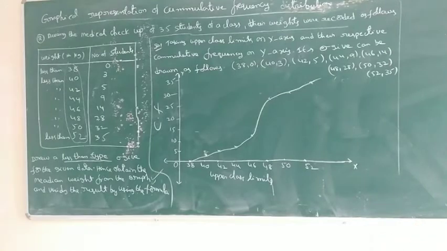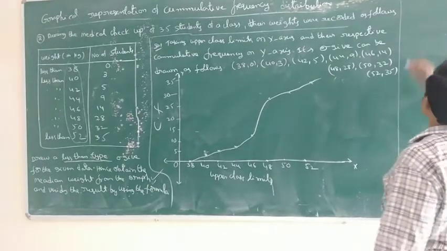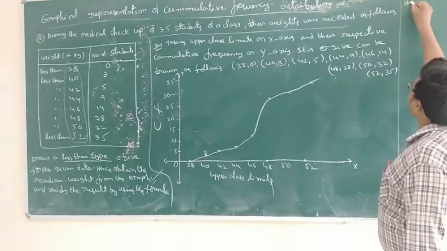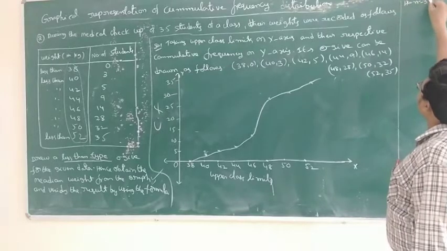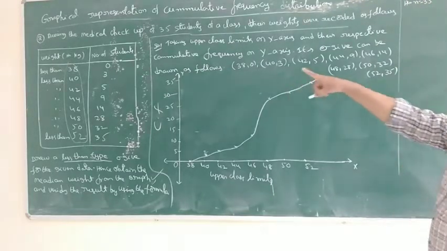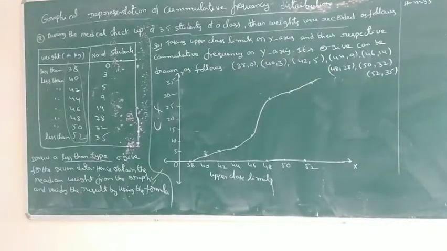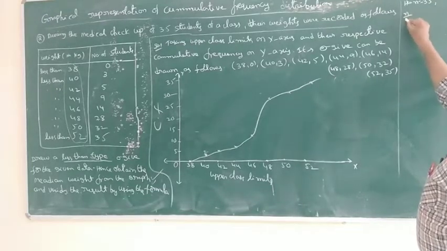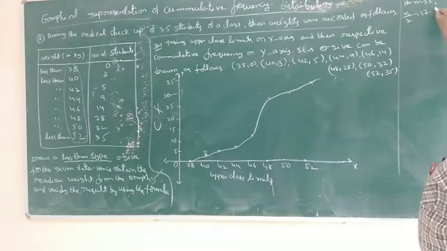Next, n is equal to 35, because there are 35 students. n by 2 is equal to 17.5.